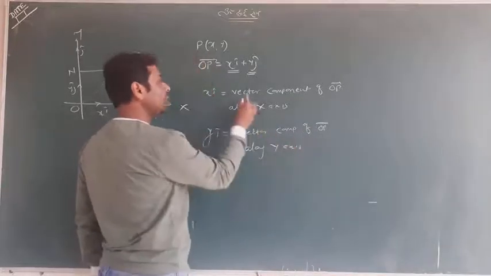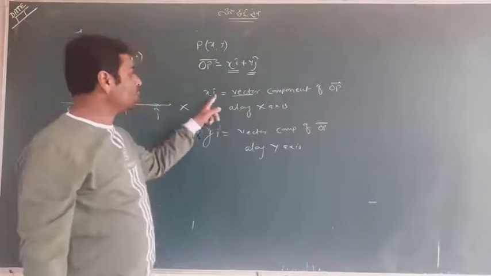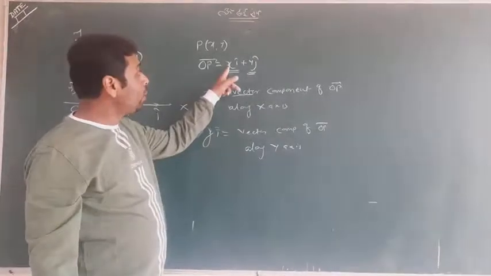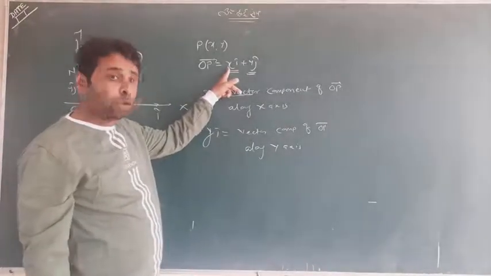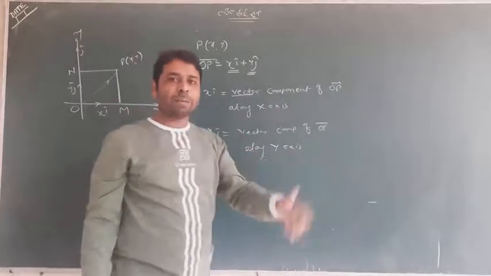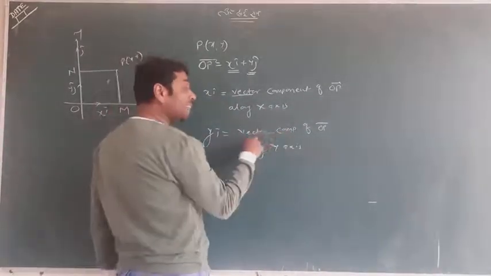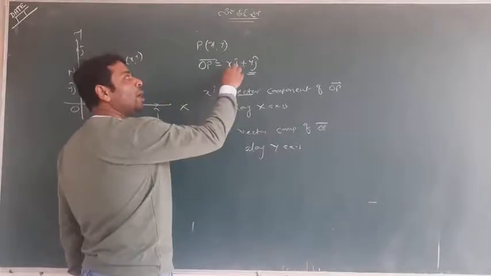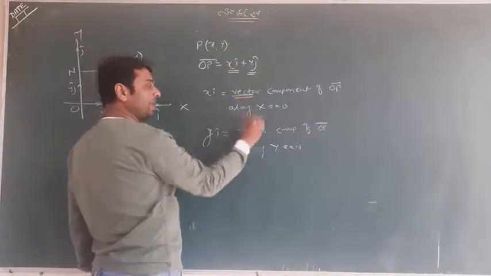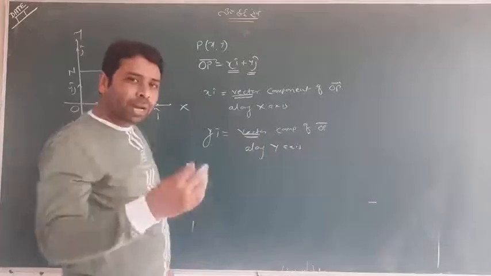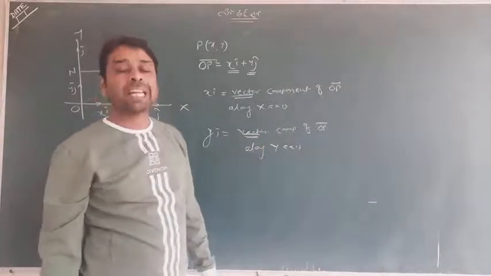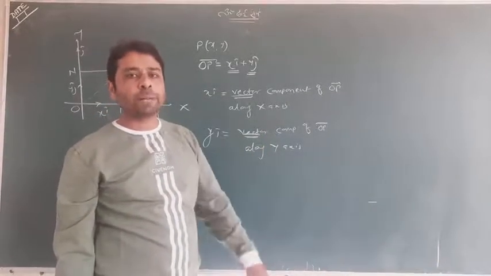Try to understand, this is called a vector component because the vector is here. If I say only x, alone x, it is a scalar component because i cap is not being used there. What is y? It's a scalar component. So along with i cap and j cap, they are called vector components, but without i cap and j cap, they will be called scalar components.